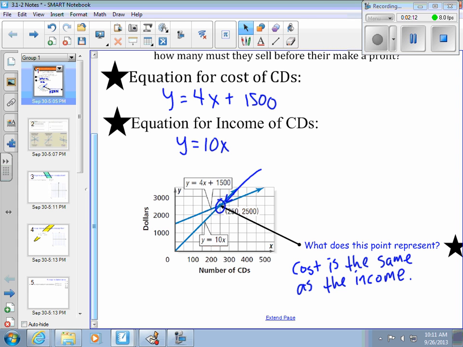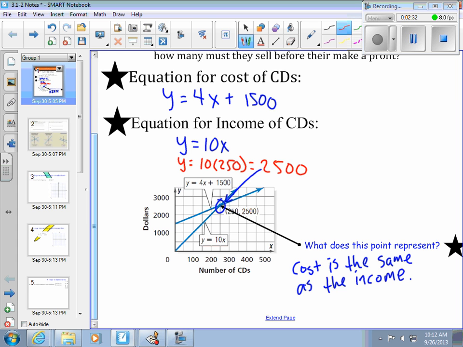That's where the amount of money that they spent to make the CDs equals the amount of income that came in. And if you try it out, it works. If you plug in 250 for x, you get $2,500.